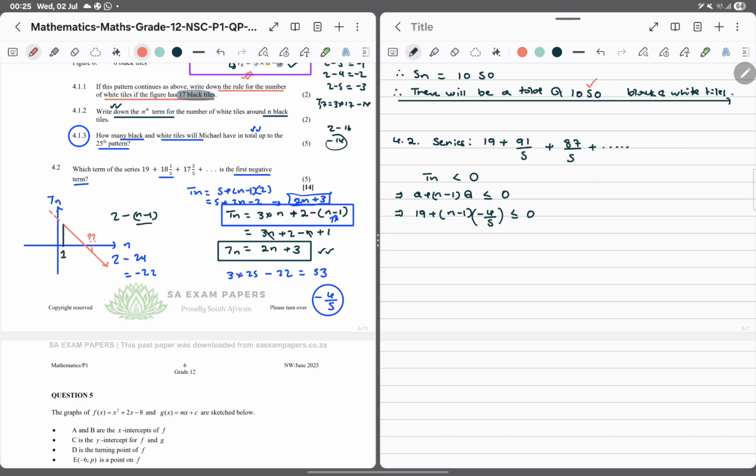Now, I don't know if this question wants the term position or the value of the term. Yeah, this is where sometimes you just wonder if these people ever look at these questions and perhaps determine if this is good or bad. But again, we can look at the mark allocation and kind of find out. If we're looking for the term number, this is roughly 3 marks because we're going to use one single step here.